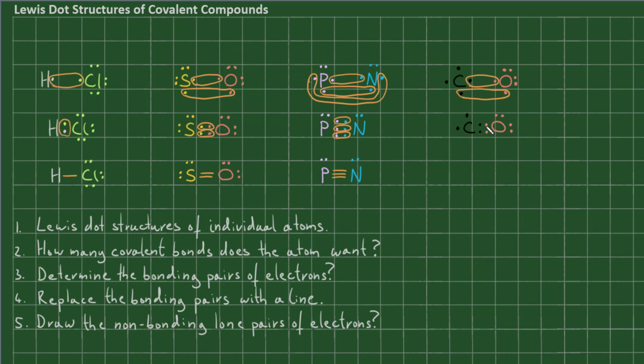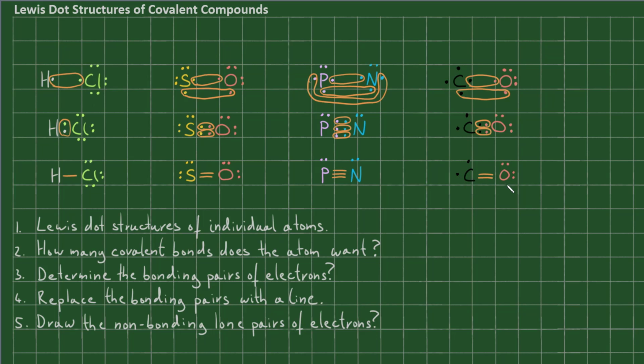So now I could say that I will have a bond because of this pair of electrons, and I will also have a bond because of this pair of electrons. So that will give me carbon, double bond, oxygen. And let us not forget the other electrons. So here they are, the two pairs on oxygen and the two unpaired electrons on carbon.